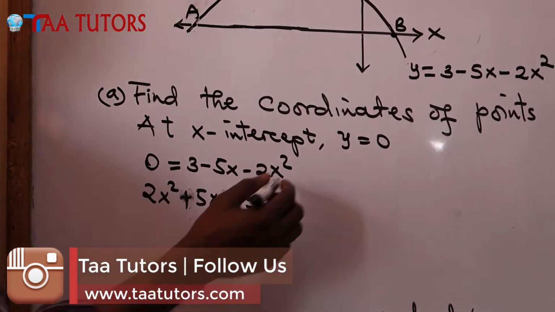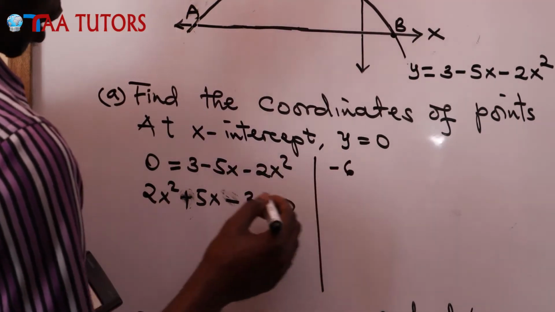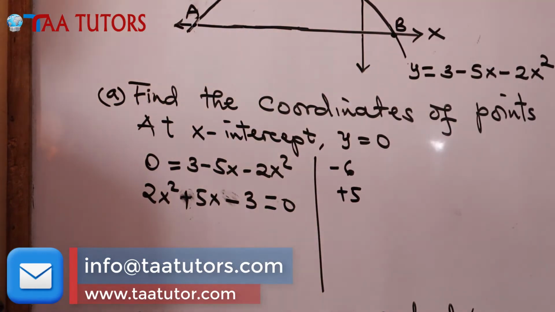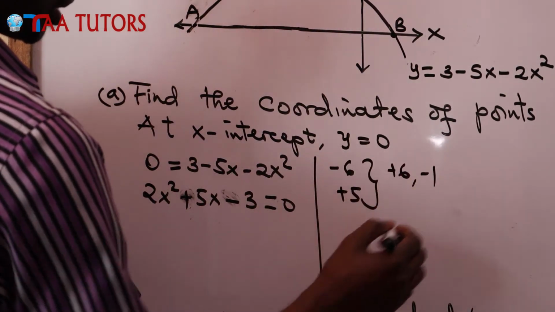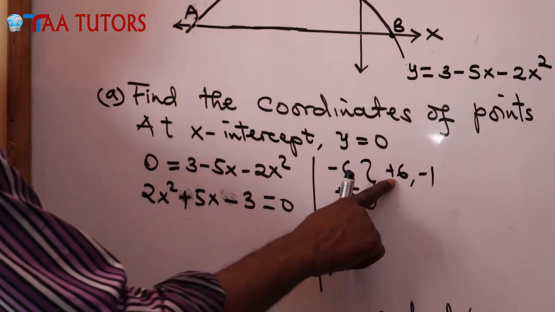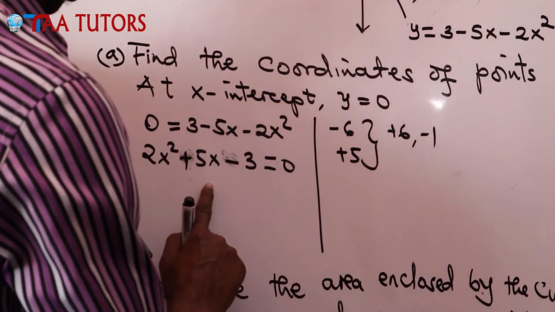We realize that here the product is 2 times negative 3, which is negative 6, and the sum is plus 5. So the likely numbers we have here are positive 6 and negative 1. Negative 1 times positive 6 gives negative 6, and 6 minus 1 gives plus 5.